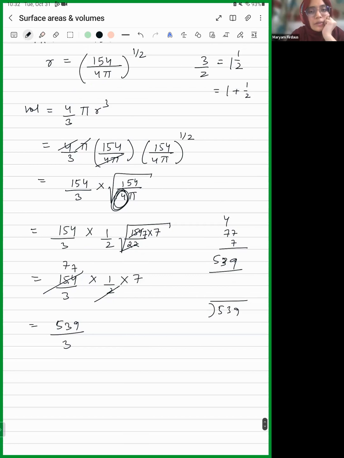Is this calculation clear to everyone, or do you want me to repeat it? I will repeat it until it is clear to every single person. Avni, is the calculation clear to you?